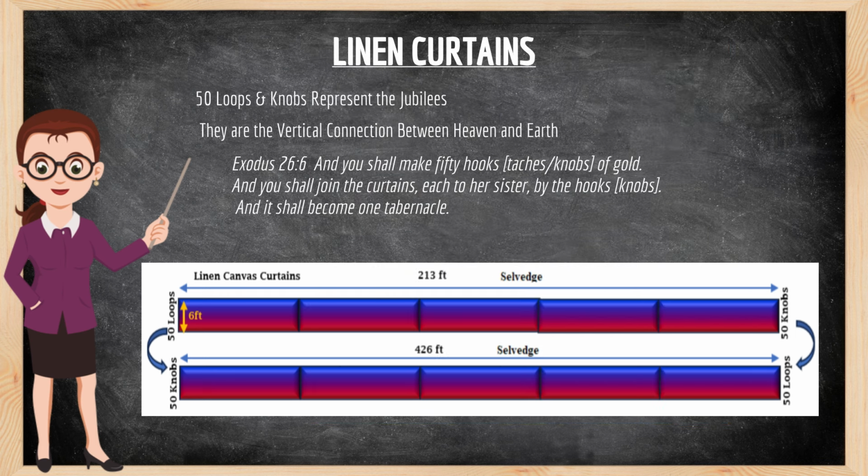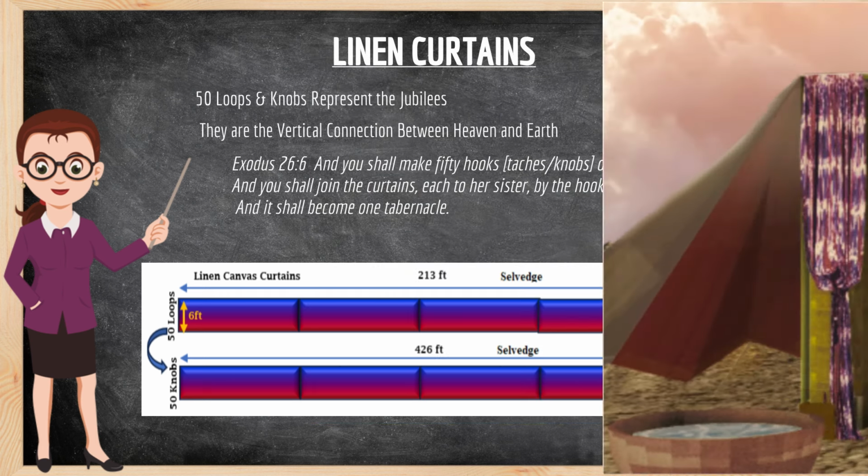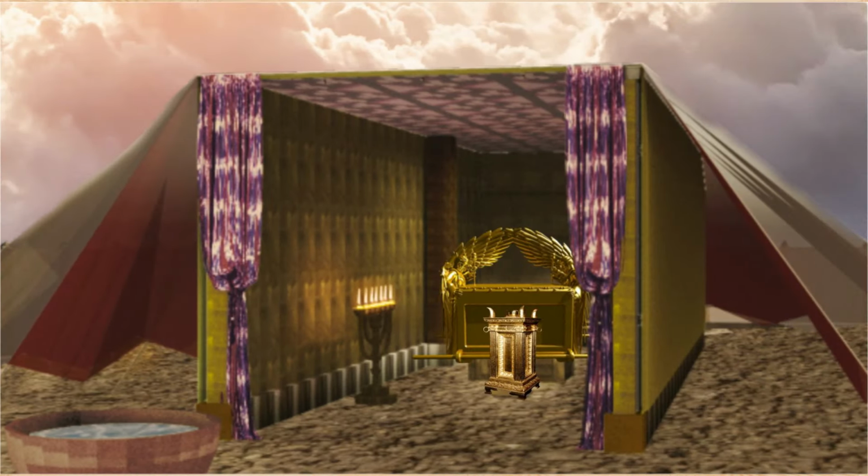So if we join the curtains according to traditional thought along the long side, that would leave a set of loops and knobs doing nothing. They would basically be laying in the dirt, if the linen curtains were covering the structure over the top and down the sides, like we traditionally see in pictures people have drawn.